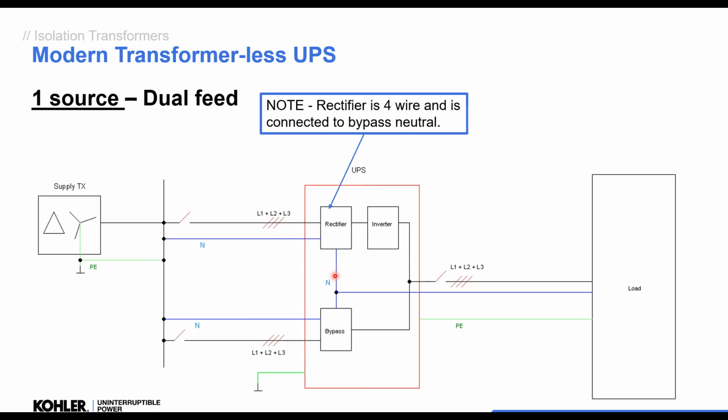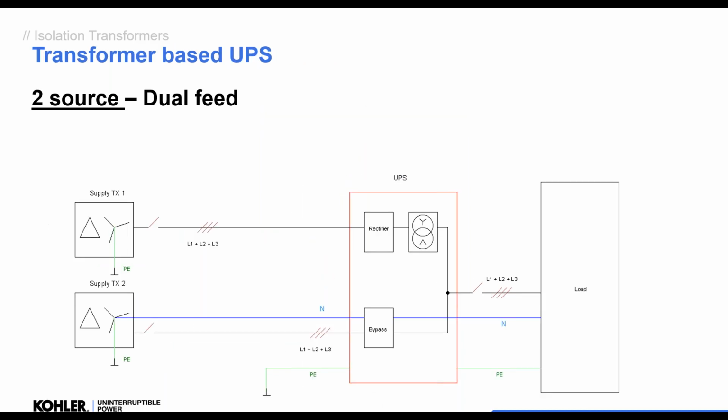Okay, so if we want to feed that from different supply transformers, different PES, then with a transformer-based unit, it's fine. We have the neutrals coming in from this transformer, but this is only using the 3-wire onto the rectifier, because the transformer in there creates the isolation between the two sources.